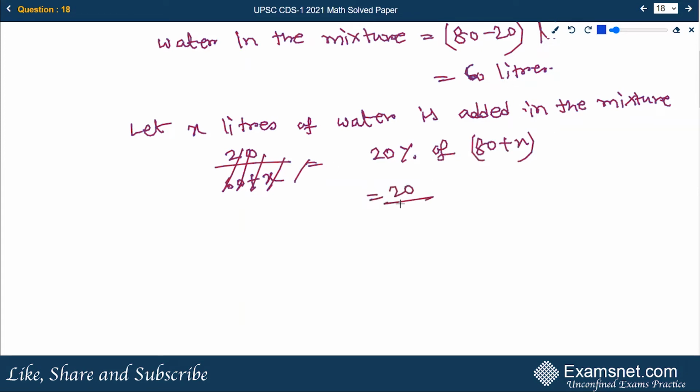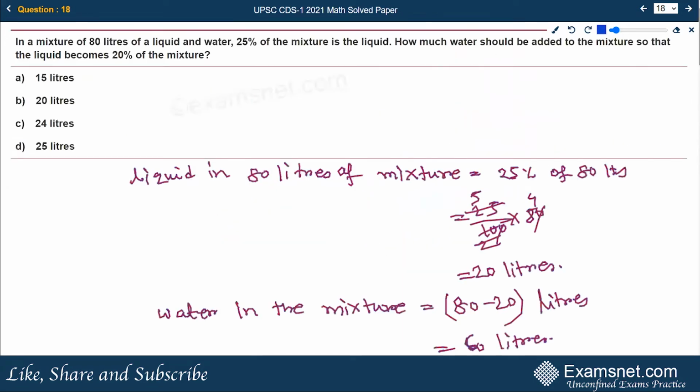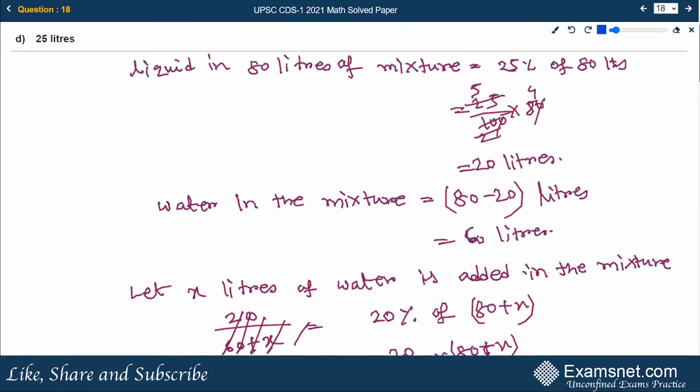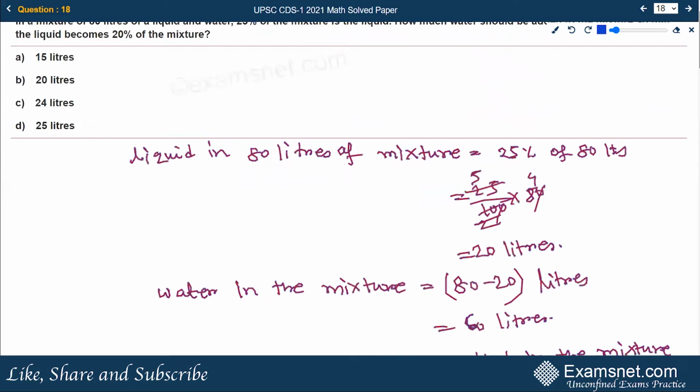So it will be 20 by 100 multiplied by 80 plus X. Now right now there are 60 liters of water, and X liters of water is added in the mixture, so the liquid becomes 20%.